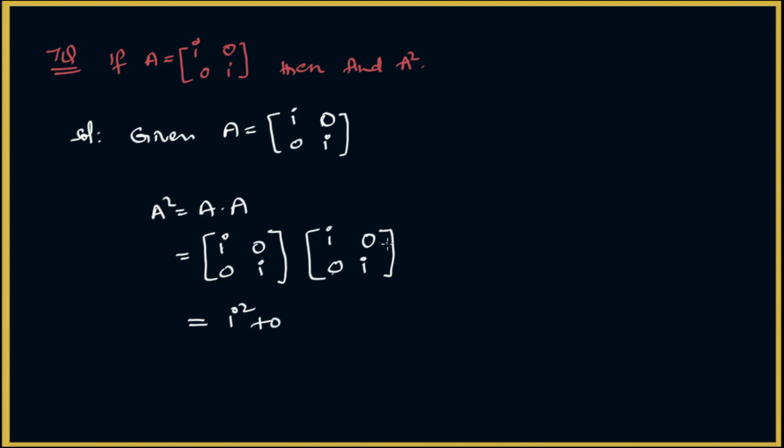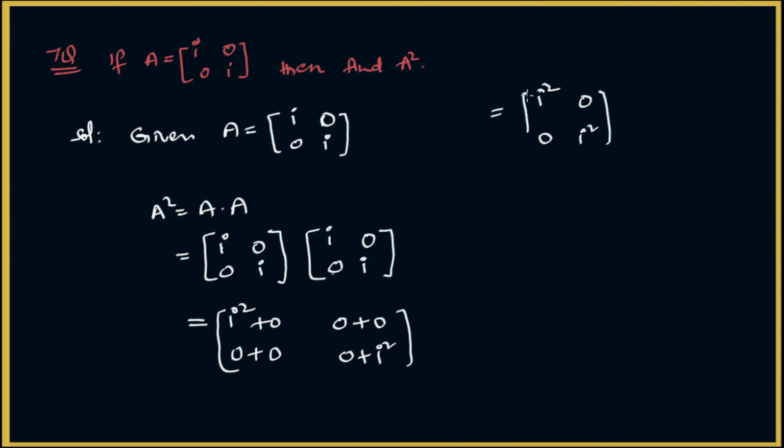Next, first row second column: i into 0 is 0, plus 0 into i also 0. Next, second row first column: 0 into i is 0, plus i into 0 also 0. Finally second row second column: 0 into 0 is 0, plus i into i is i square. So this will become i square 0 0 i square.